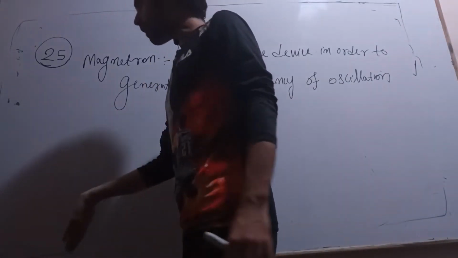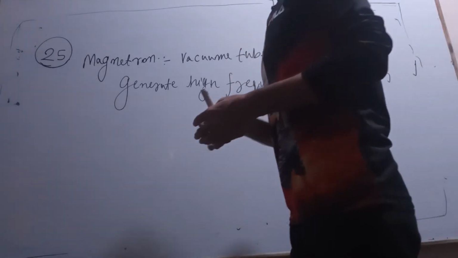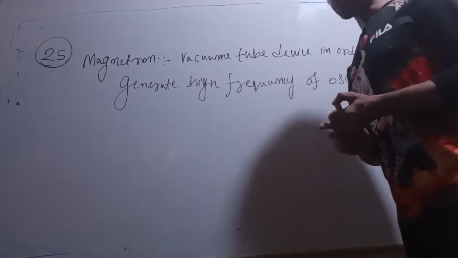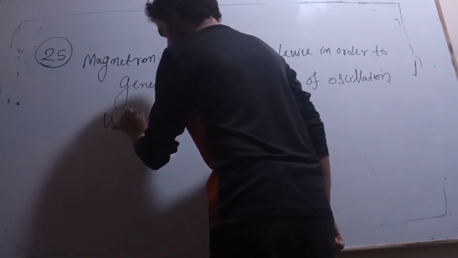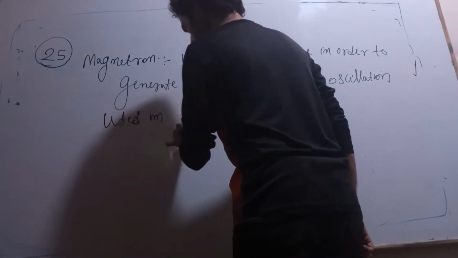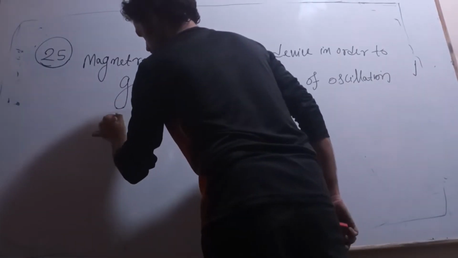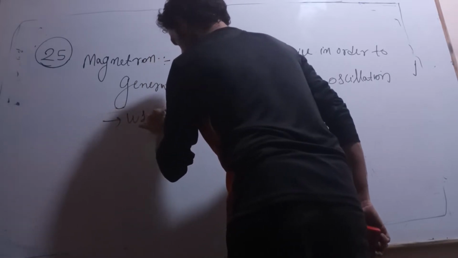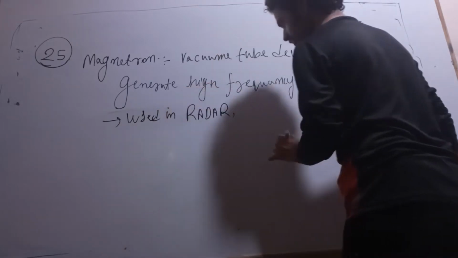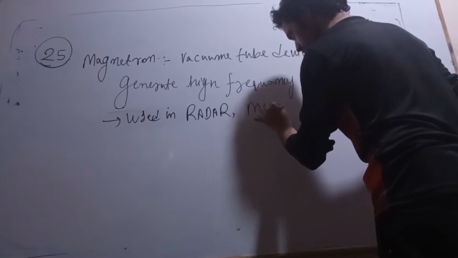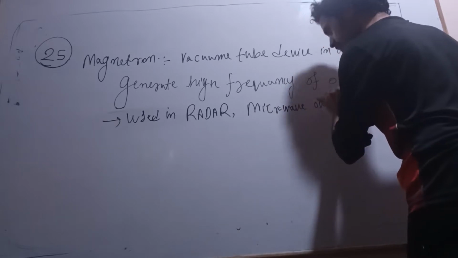Actually, it gives power to the RF signal, the radio frequency signal. We want to energize the radio frequency signal. That is the main purpose of the magnetron. And the magnetron is used in radar and microwave ovens.